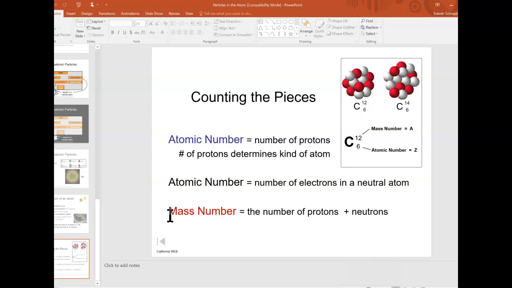Mass number, or atomic mass, is the number of protons plus the number of neutrons, which is what these larger numbers represent. So if you simply take the mass number minus the atomic number, you'll be left with, that's right, the number of neutrons. Atomic number is the number of protons, and atomic mass is protons and neutrons. So if you subtract the atomic number from the mass number, you're left with the number of neutrons.